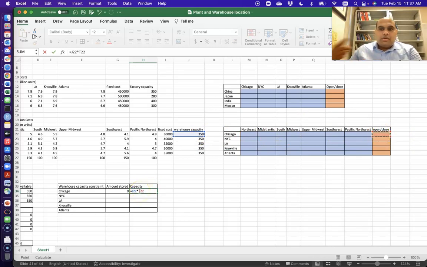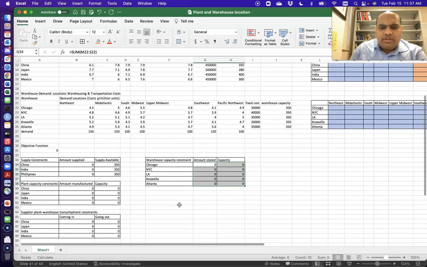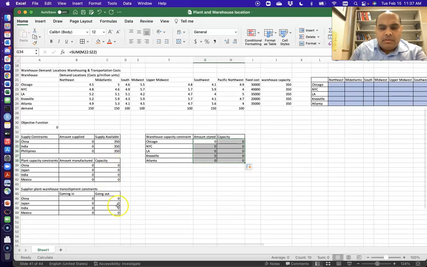So this is just like we're writing another step in the transshipment constraint. The reason why I chose to use this rather than the column for the Chicago warehouse is because this way I can write one set of constraints and just copy my formulas down, make my life easier, right? So that's the warehouse capacity constraint.